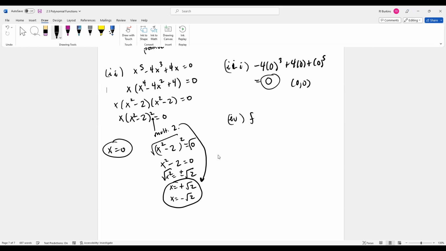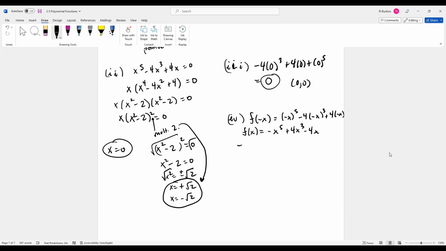So to do that, we're going to look at f of negative x. All right, so we need to plug negative x into the original function. So that's going to be negative x to the 5th minus 4 times negative x cubed plus 4 times negative x. That's going to give me minus x to the 5th plus 4x cubed minus 4x. This is not equal to the original.